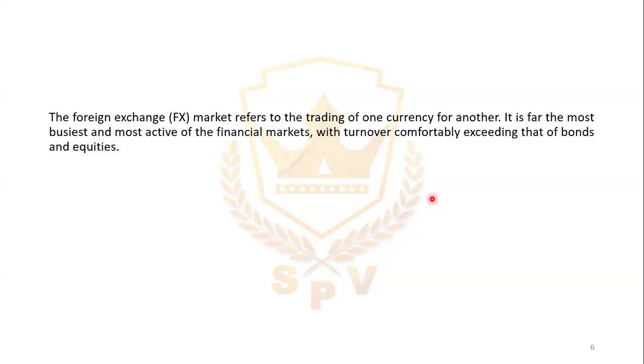And the daily turnover for the bonds and the equities market is far lesser than the daily turnover for the foreign exchange market. And the foreign exchange market is actually the busiest, the most active of all financial markets, and it's actually the most liquid of them all.